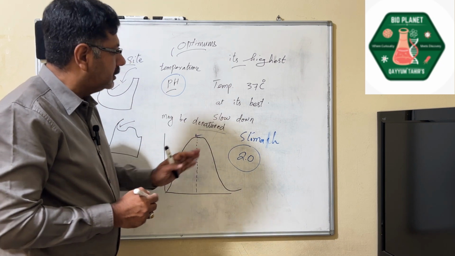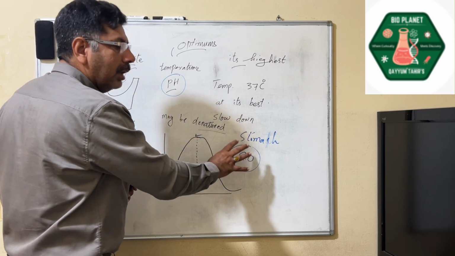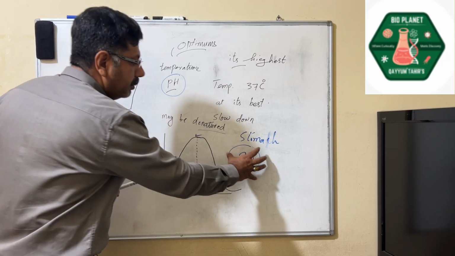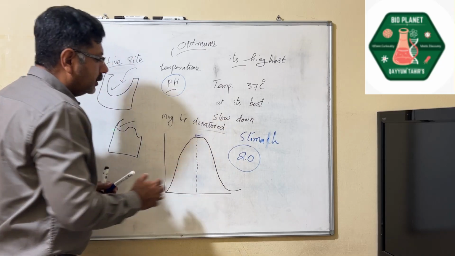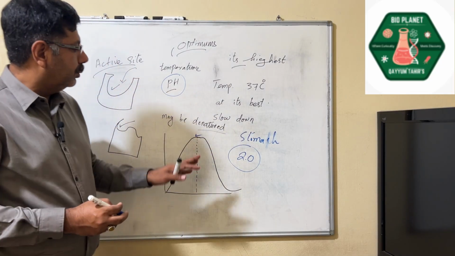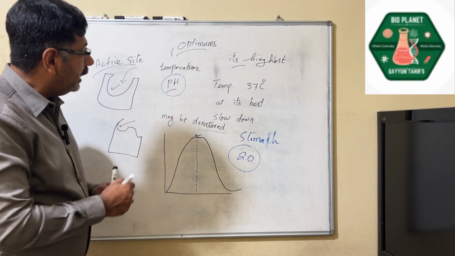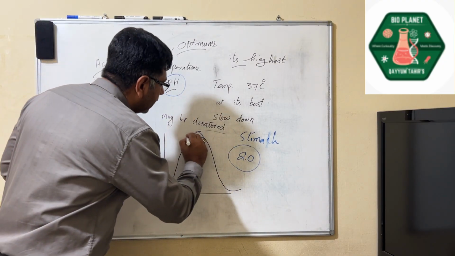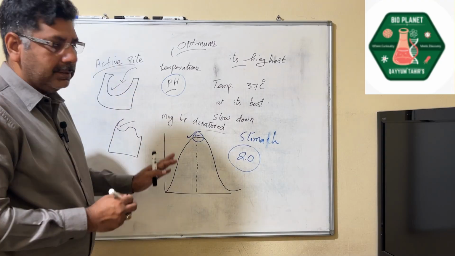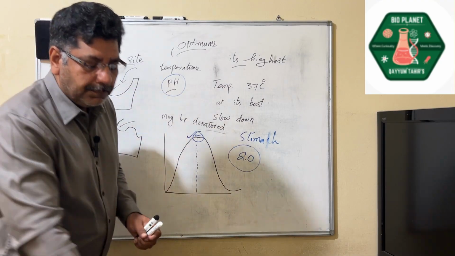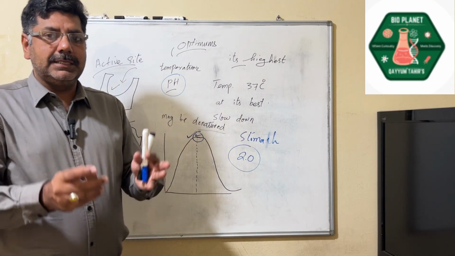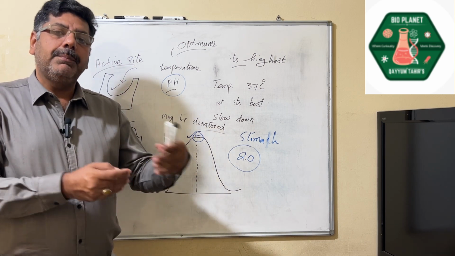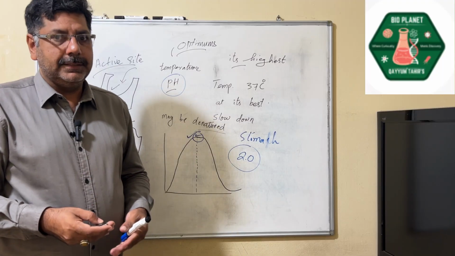This is what we call the optimum pH and optimum temperature. The same type of graph we can observe for pH. So let's discuss the pH values at which different enzymes perform at their best.